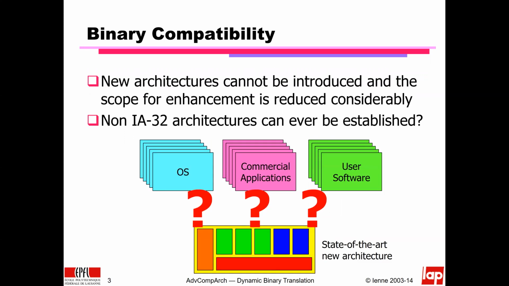There are a number of ideas in architecture that you would like to implement, but unless you can hide them under the same architectural framework, the same instruction set architecture, they are doomed. You cannot really introduce them.